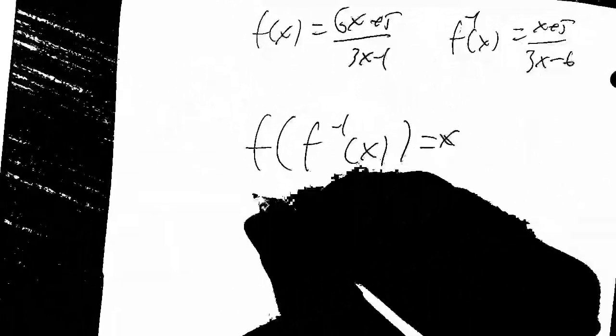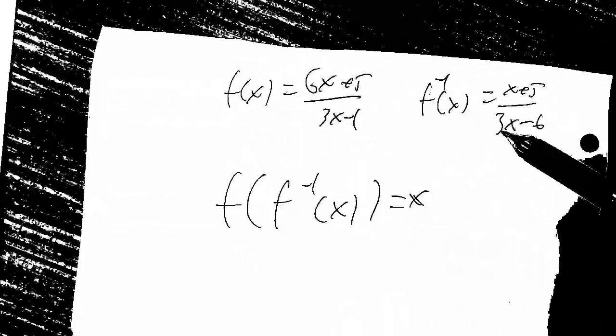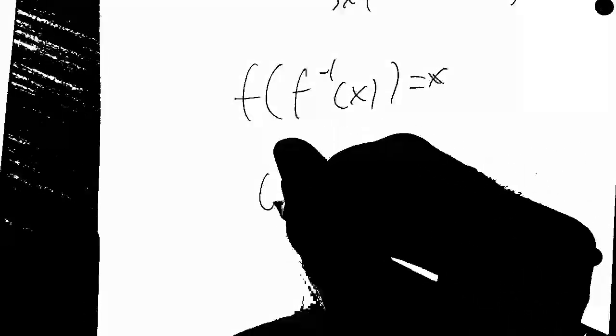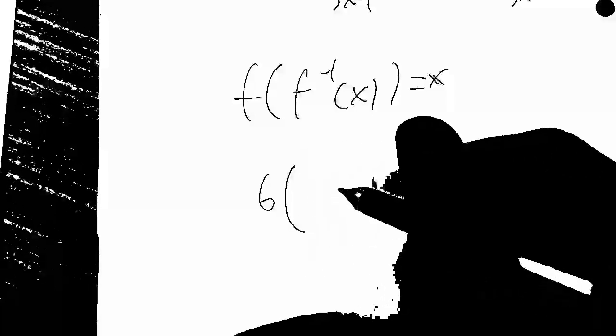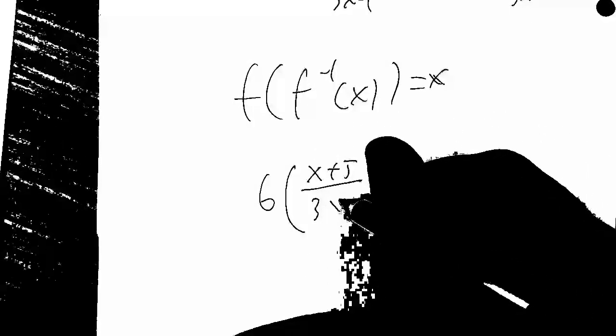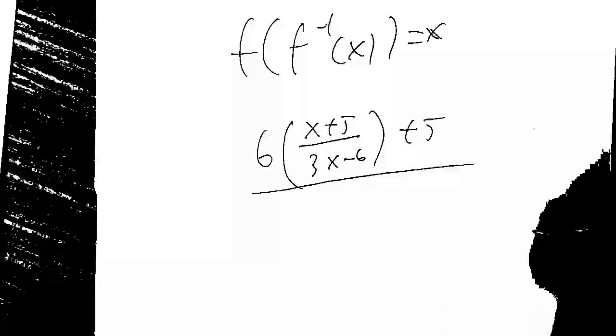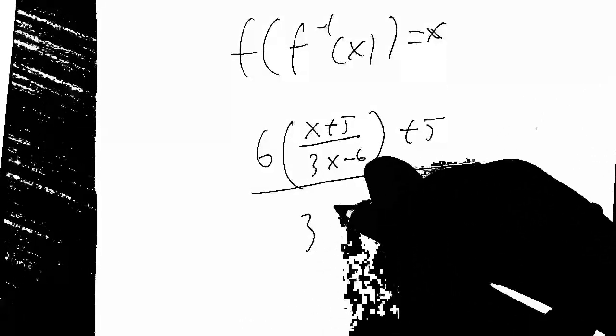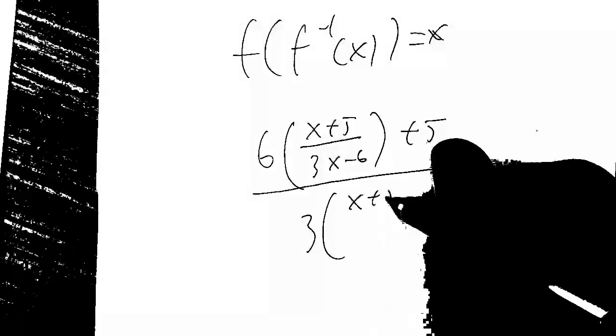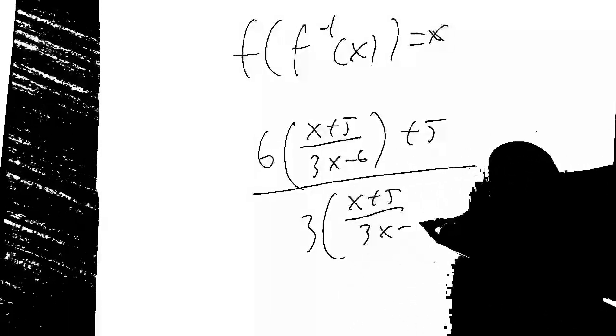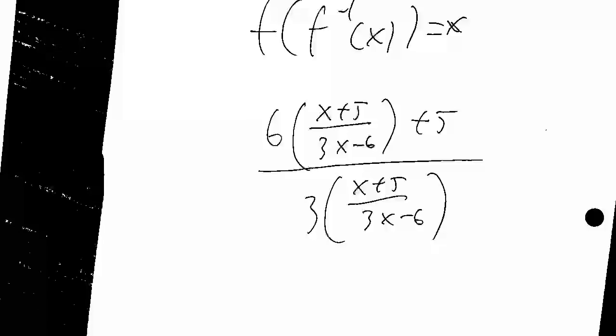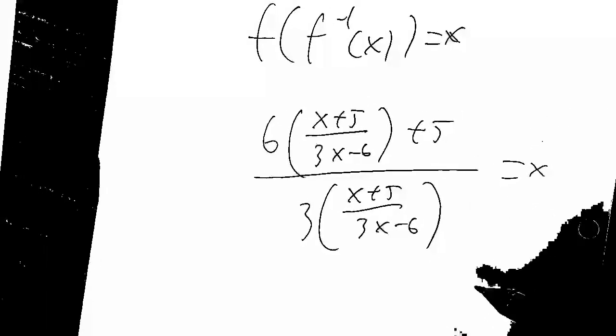So everywhere I have an x in my original function, I'm going to replace it with this. So it's going to be 6 times the inverse, plus 5, over 3 times the inverse, minus 1. So this should equal x, basically, when we simplify this.